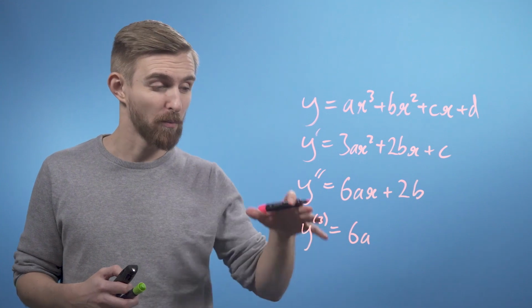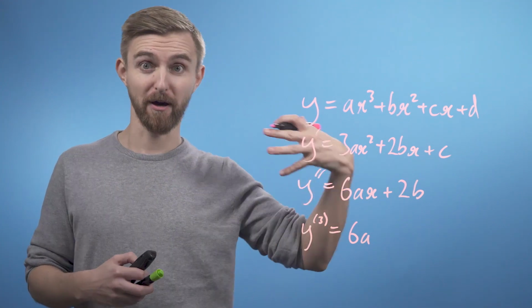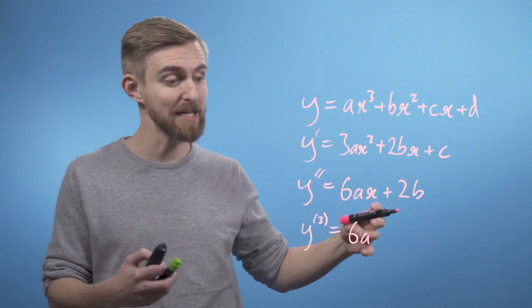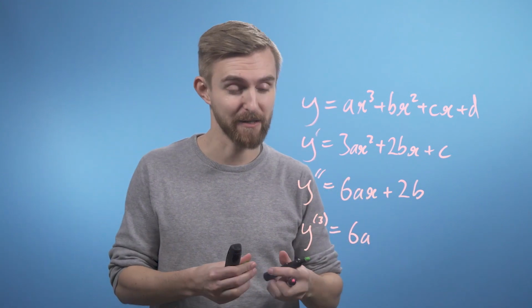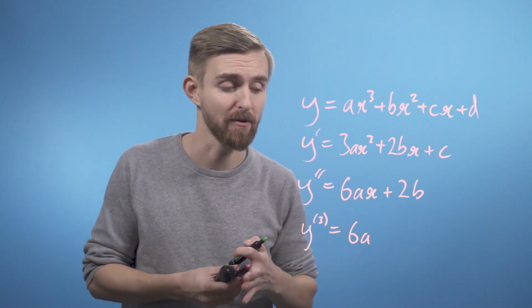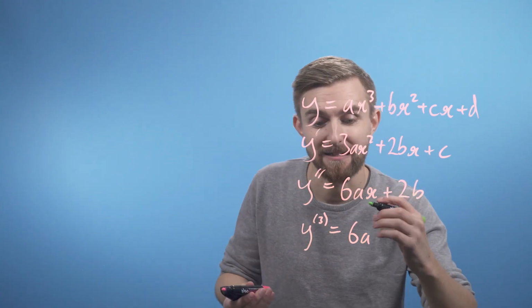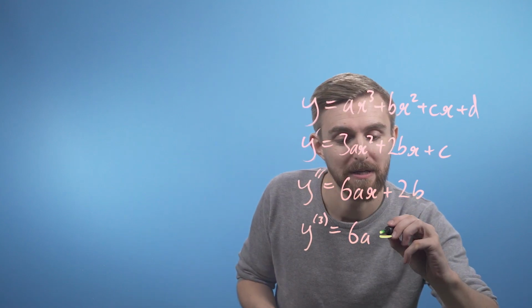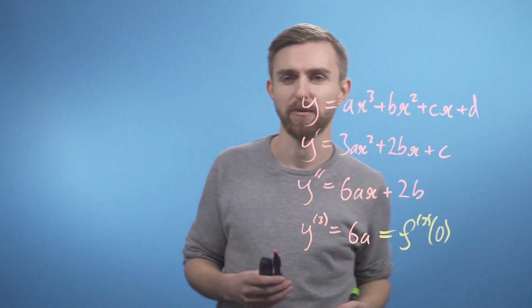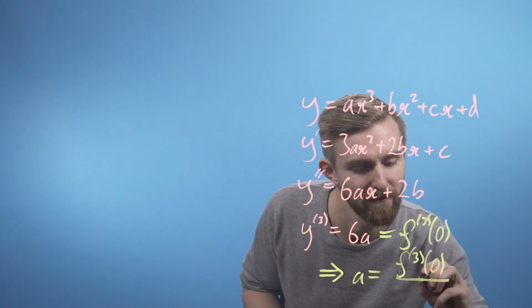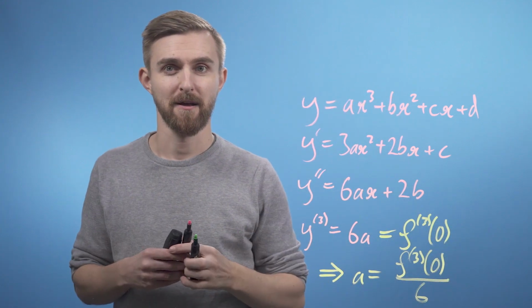So clearly, we want this thing, the third derivative of our approximation function, to equal the third derivative of f of x when evaluated at the point x equals 0. So we're setting this x to 0. Now there is no x in this bit. We can say f3 at 0 equals 6a. Therefore, a just equals f3 at 0 divided by 6.